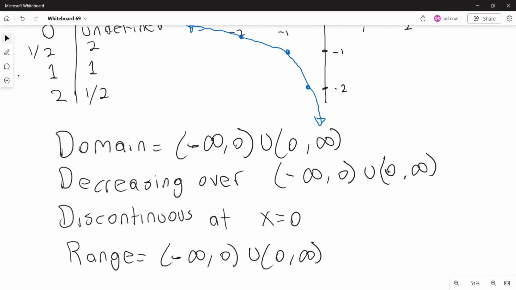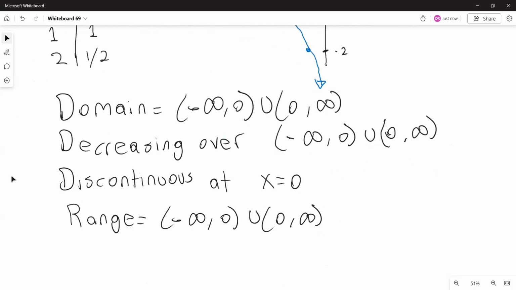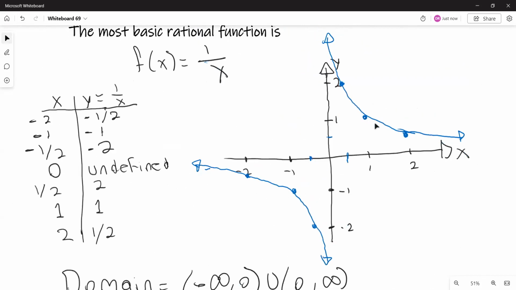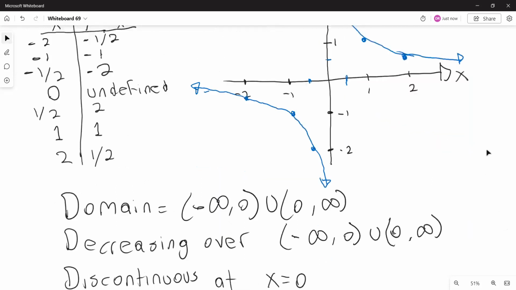Okay, so here are some characteristics of this function. We also have some other things. If you observe this behavior again, when x approaches infinity, y approaches 0. Or when x increases without bound, the graph gets closer and closer to the x-axis. And when x approaches 0, y either approaches infinity from the right or negative infinity from the left.